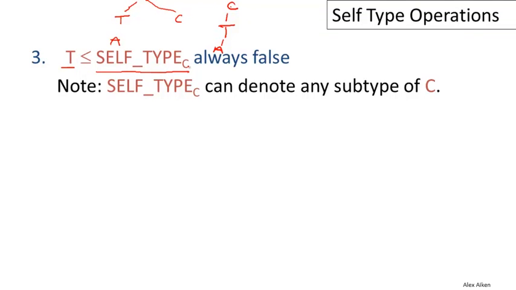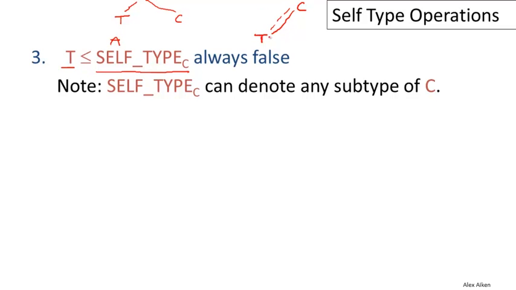Now, there is one very special case where one could argue that we should allow this to be true. And that is in the case where T is actually a leaf of the class hierarchy. Let me draw this a little bit differently, just to emphasize this. Let's say that C is a class up here, and then T, through some chain of inheritance relationships, is a subtype of C. So it's not immediate, but there might be other classes in between.